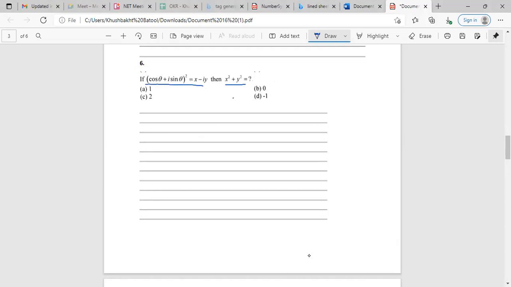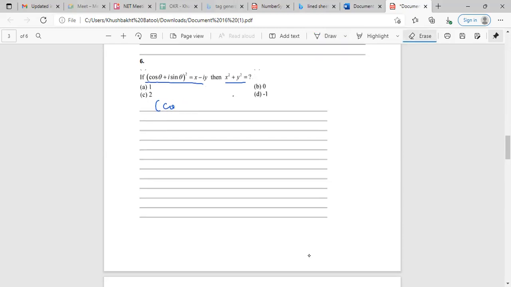But before even going to the question part, let's just consider this thing only. So we have cos theta plus iota sine theta whole square. Here I've just written the left hand side, and now I am going to simplify it.